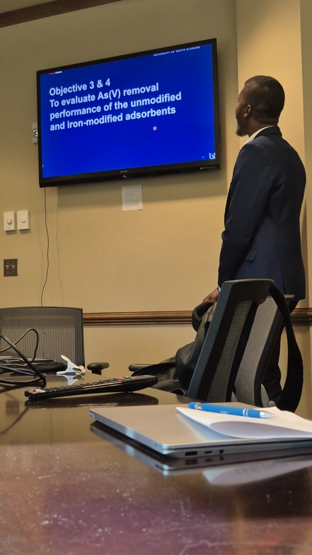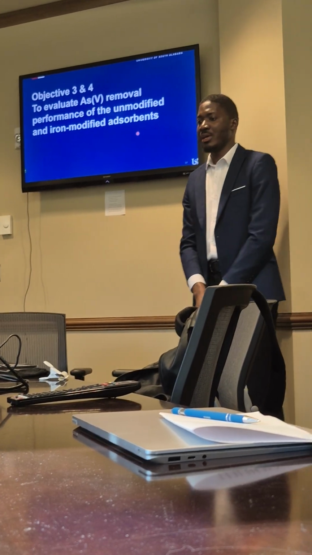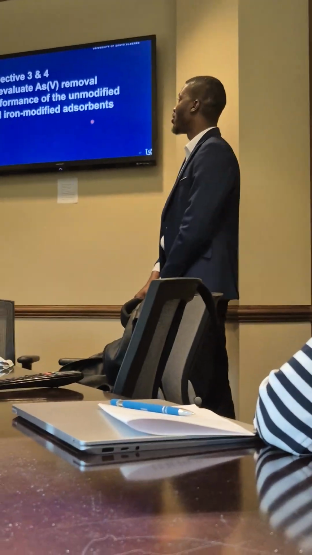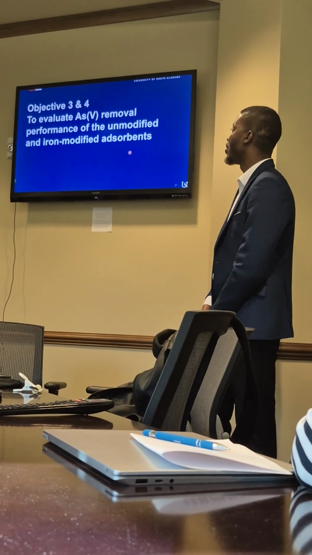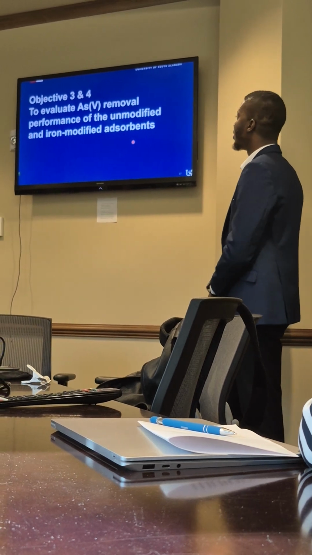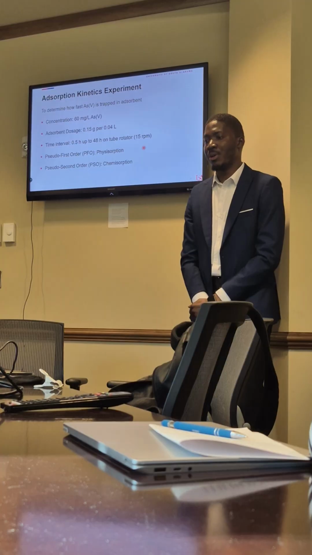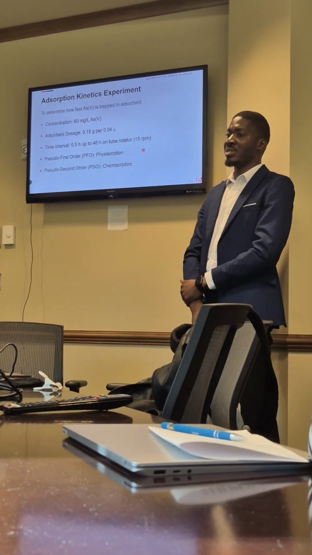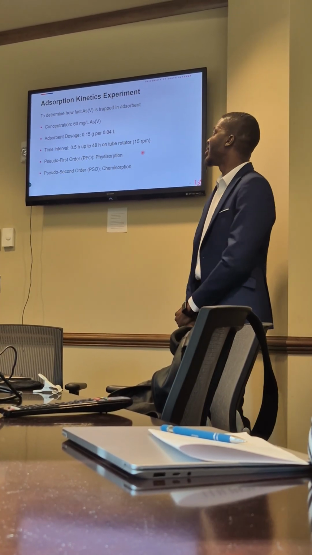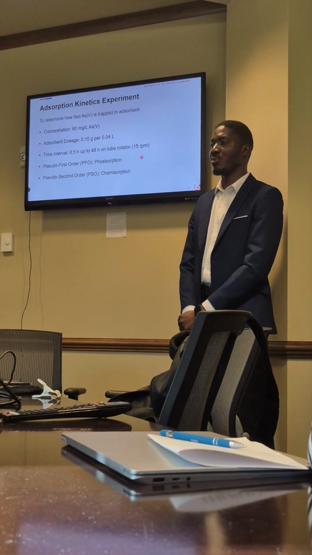So for our third and fourth objectives, we wanted to evaluate the removal performance of our ion modified adsorbents and our non-modified adsorbents. So we did two main experimental works. First was the adsorption kinetics, and this is done to tell us how fast arsenate is trapped into our adsorbent.